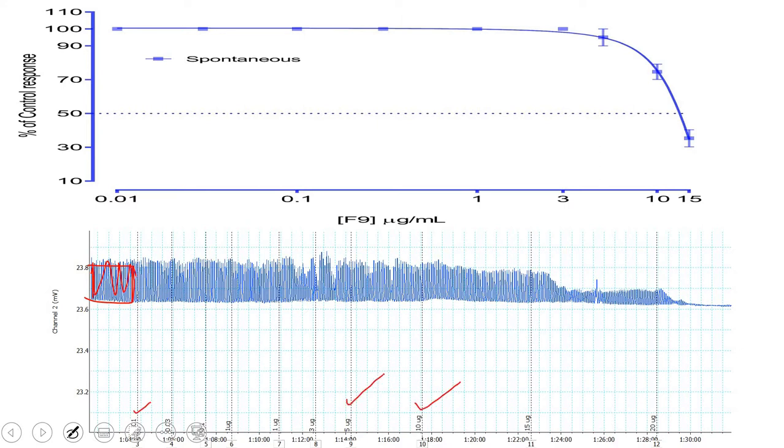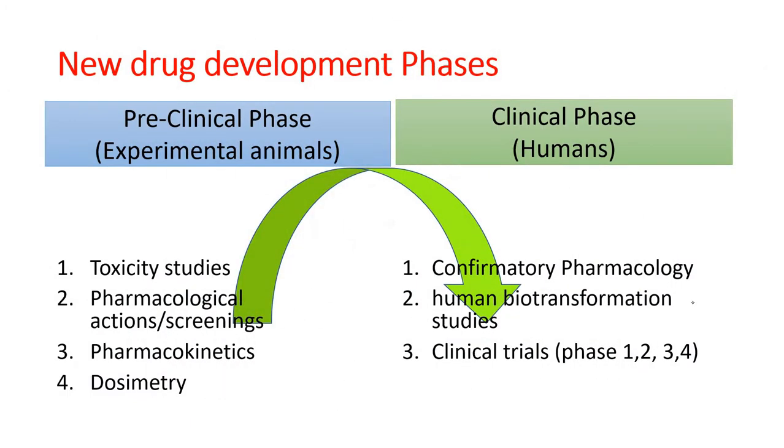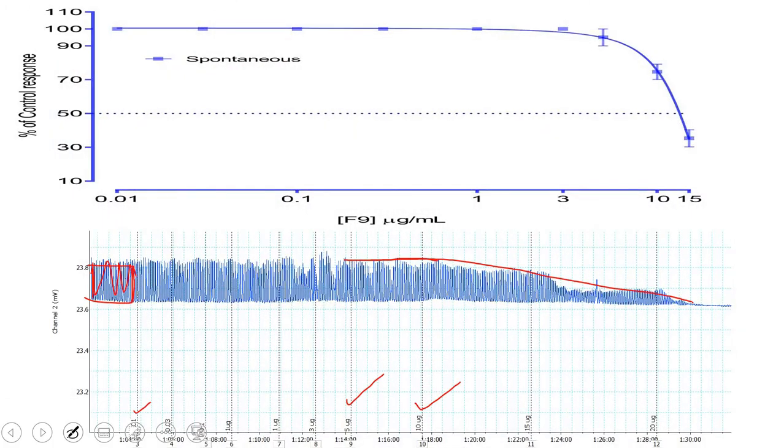So at 5 microgram, the relaxant activity has started, and it is very prominent at 15 microgram, and at 20 microgram. Once we plot those values in GraphPad Prism, you get a graph like this one, and this response is as percent of the control response, and this is what we have already discussed in the laboratory.